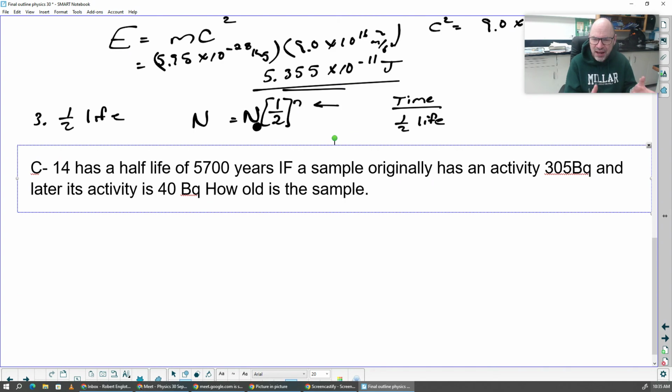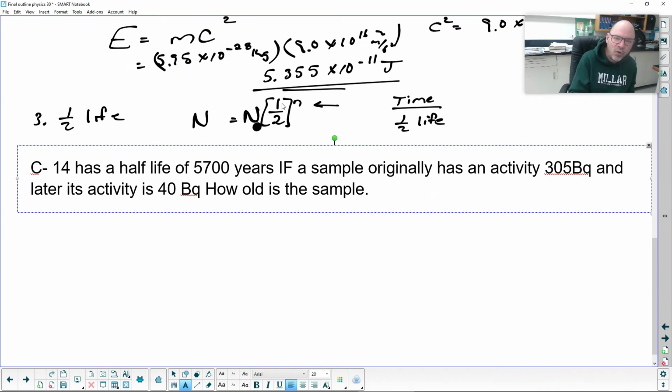You can have a mass or an activity in this question. That's why it's NO and N rather than M and M, because it could be activity or mass. The N just stands for nuclear decay, original nuclear decay and future nuclear decay. Does that make sense? This is decay per second.